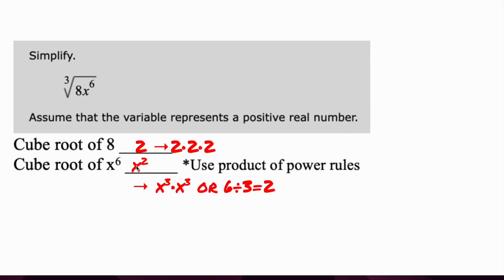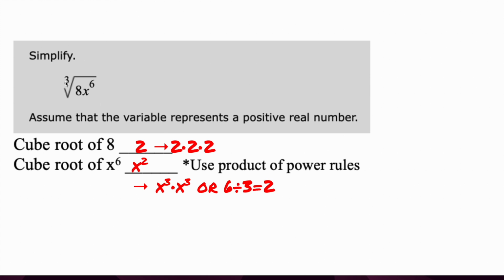With this one, I want to know how many groups of 3 there are. So it's x cubed times x cubed. So there's 2 of them. And I can also do that same thing by going 6 divided by 3 equals 2. So remember, when I'm using this little division trick, I want to make sure I'm dividing by the root.